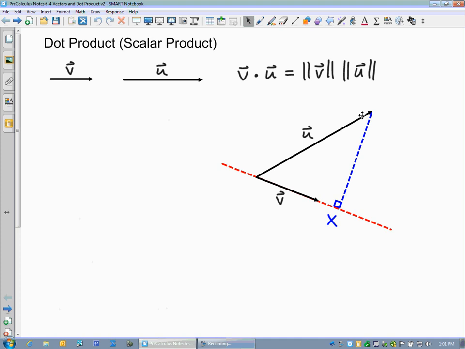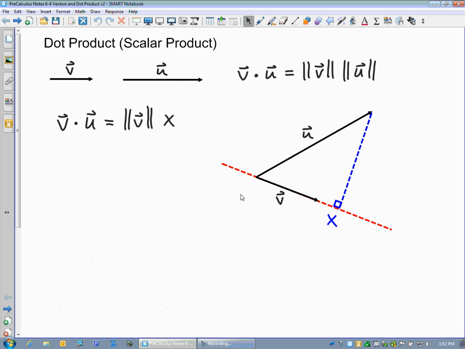So now, if I projected u onto the line that includes v, I projected u onto v, and now I have two lengths that are in the same direction. So now I can say that v dot u is simply going to be that magnitude of v, and then the magnitude of the other one, the magnitude of x, is just x itself. And then we have our dot product.